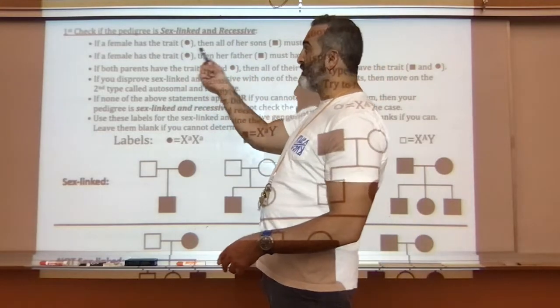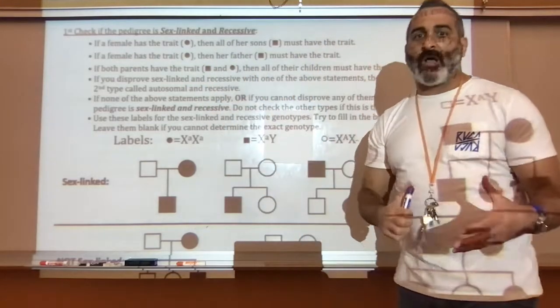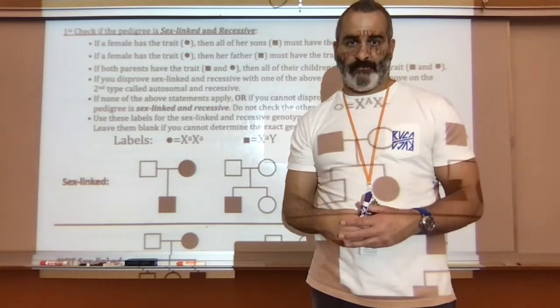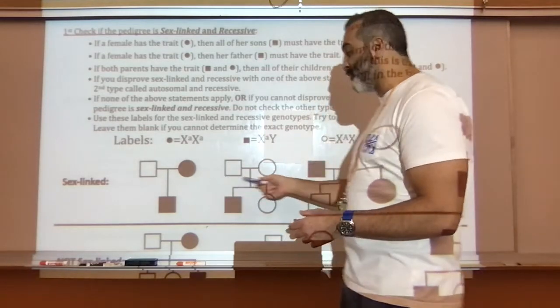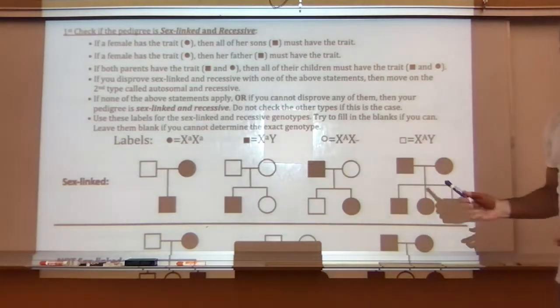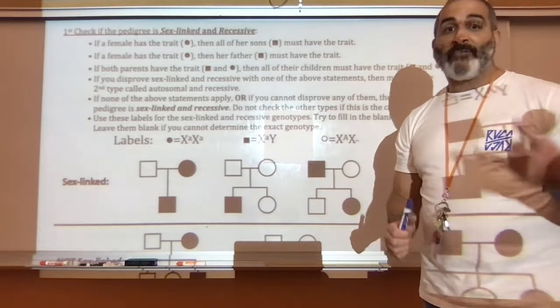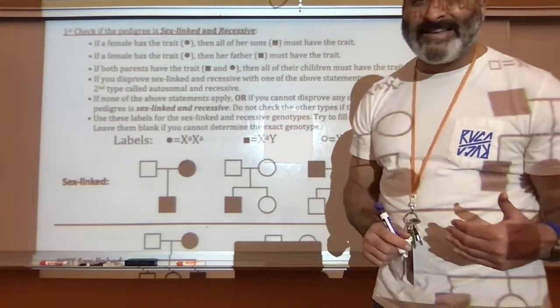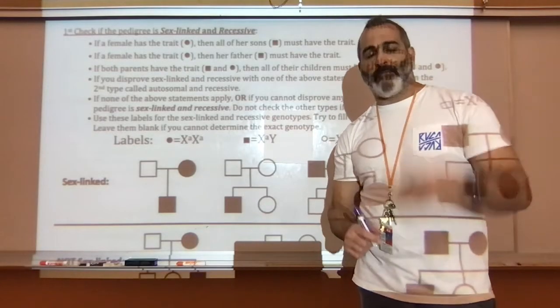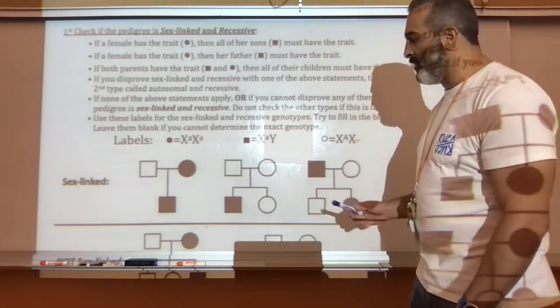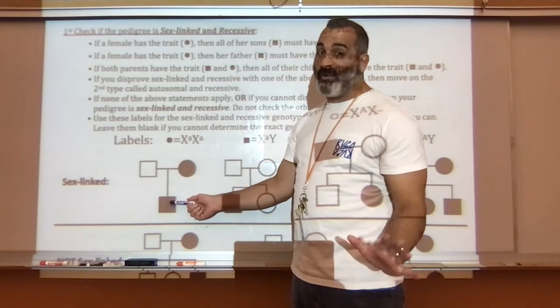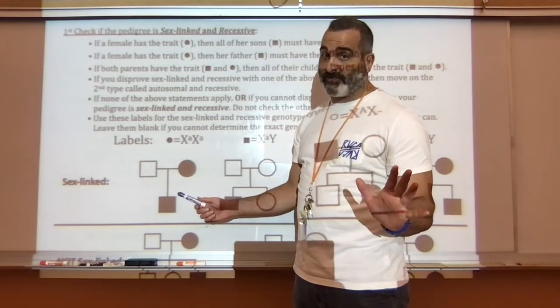So the first one, if a female has a trait, then all of her sons must have the trait. Okay? So we haven't proved any of these wrong. Okay? The next one, all right? If a female has the trait, then her dad must have the trait. So look here. We don't have a female child, so it doesn't apply, but that doesn't make it false, okay?